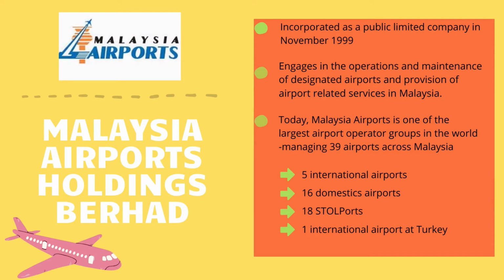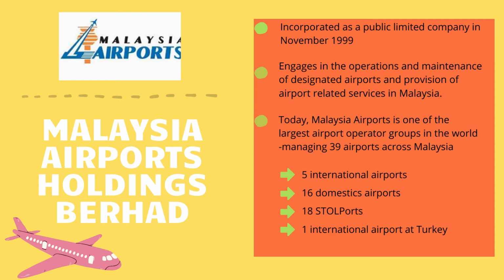We have chosen 2 companies to compare their commitment in fulfilling Sustainable Development Goals (SDG). The local company is Malaysia Airports Holding Berhad. It was incorporated as a public limited company in November 1999. Malaysia Airports engages in the operations and maintenance of designated airports and provisions of airport-related services in Malaysia.